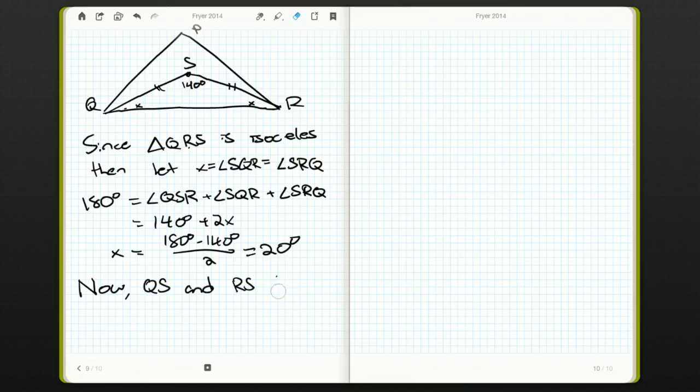Now we know QS and RS, in addition to being equal in length, they're also angle bisectors. So they bisect angles PQR and PRQ, respectively.